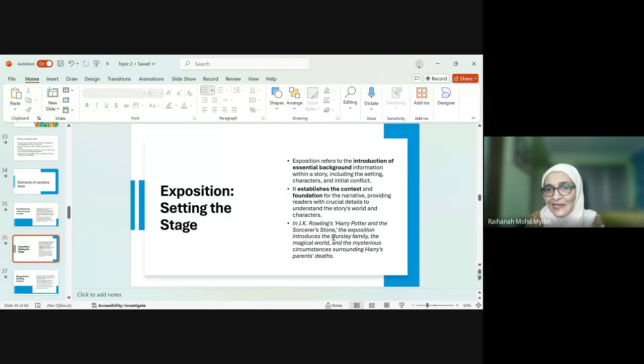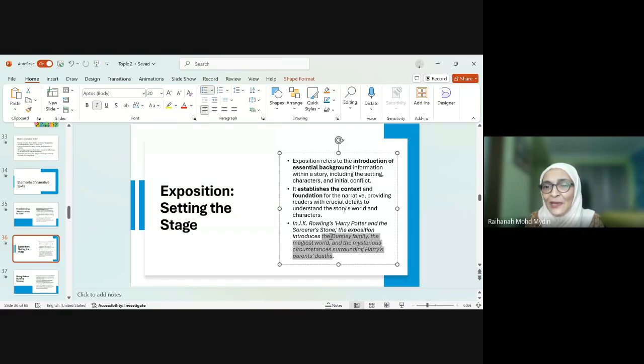Being raised almost like an outcast in his uncle and aunt's family, away from the magical world, and the mysterious circumstances of his parents' death. All this is, no spoilers alert, part of the exposition. They're not part of the rising action of the story.